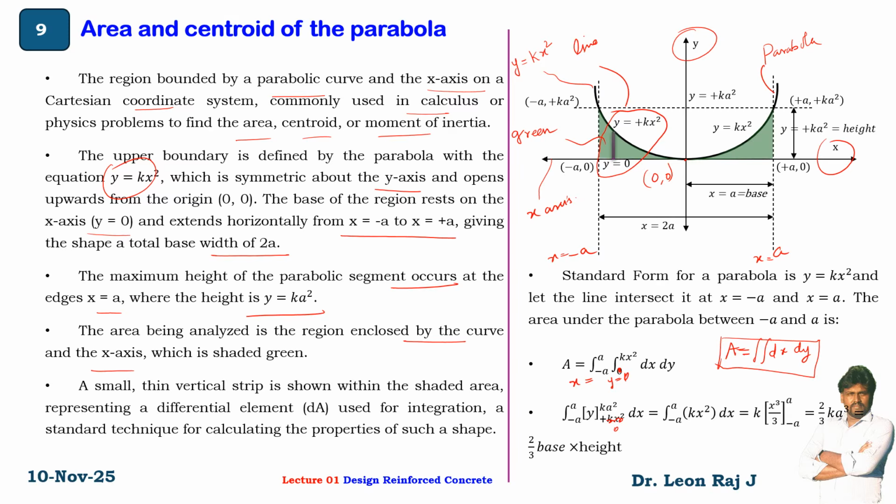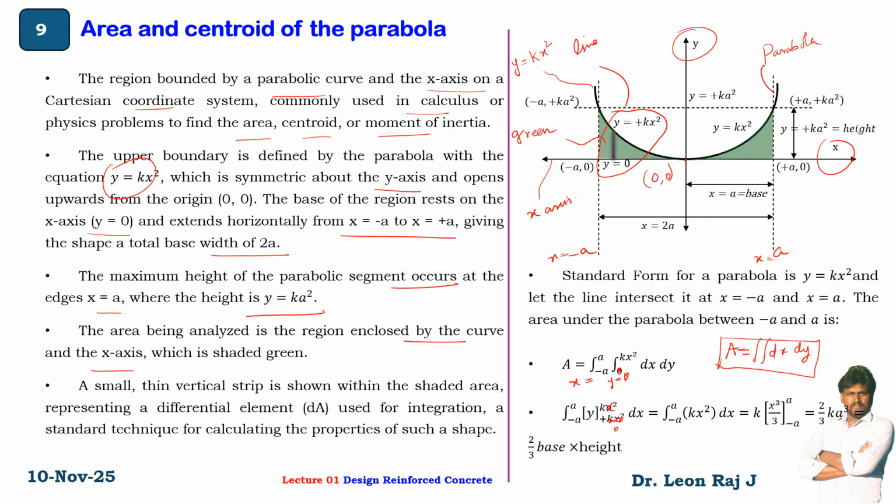So you will get the integral of k into x square into dx, which is equal to 2 by 3 k a cube.